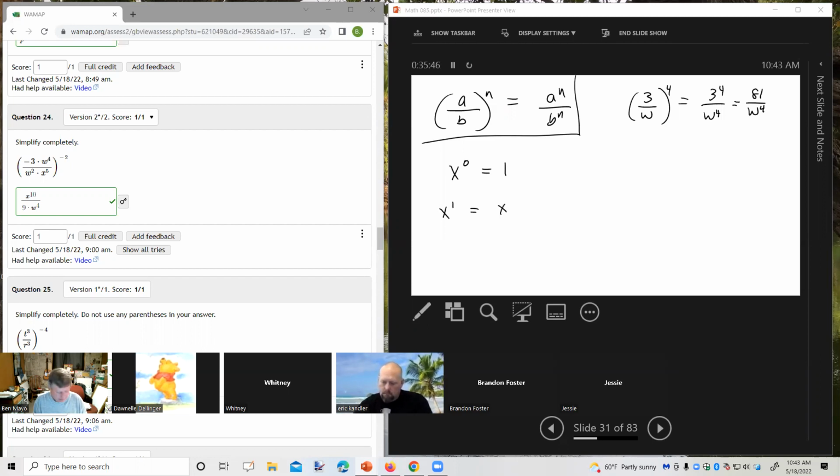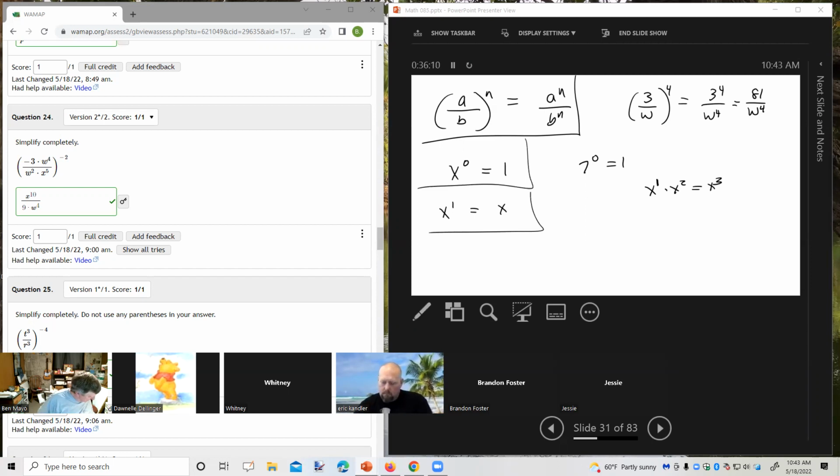So there's those two rules. For instance, 7 to the 0 power is 1. And if we have x times x squared, that's x cubed, because there's an implied 1 there. So that gives us those.